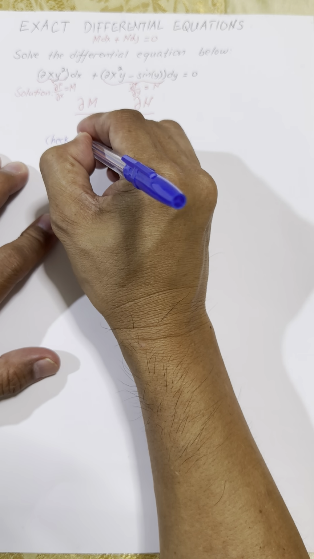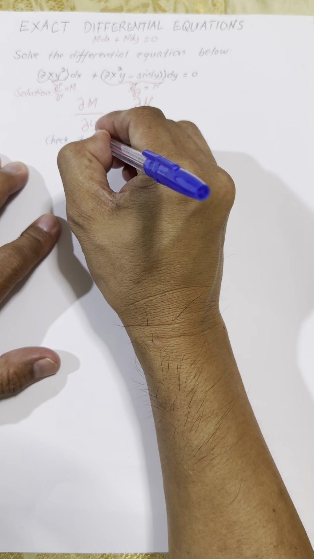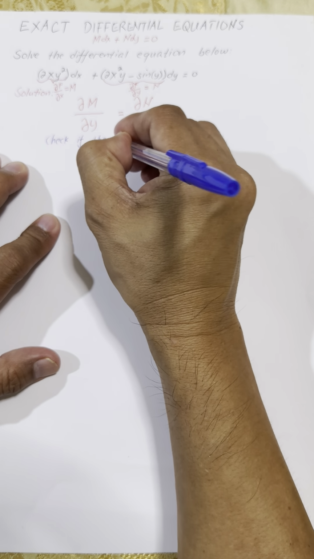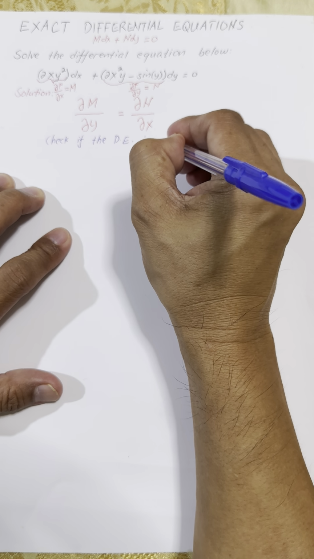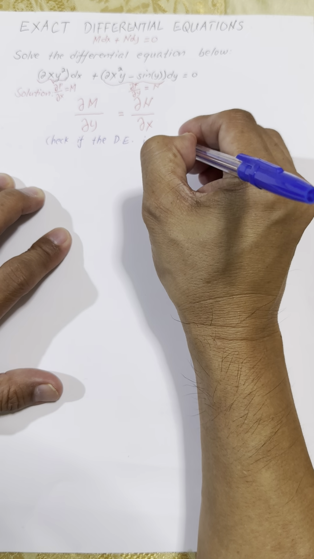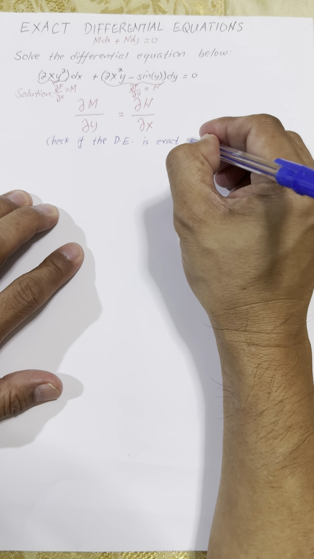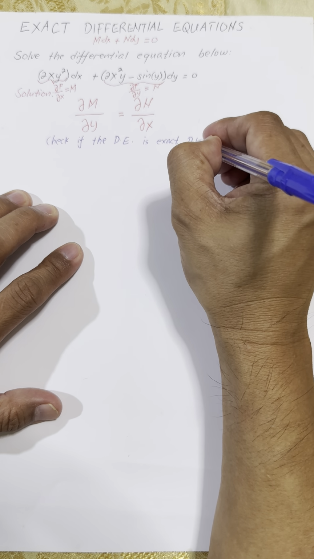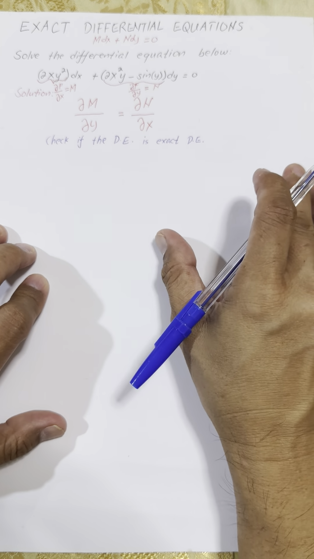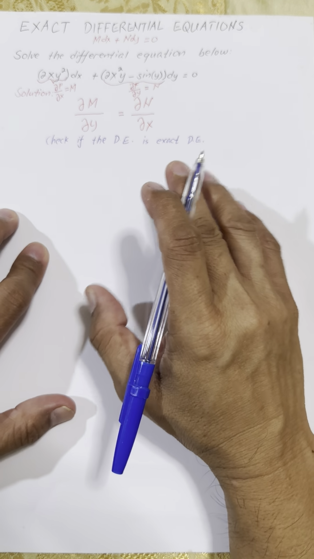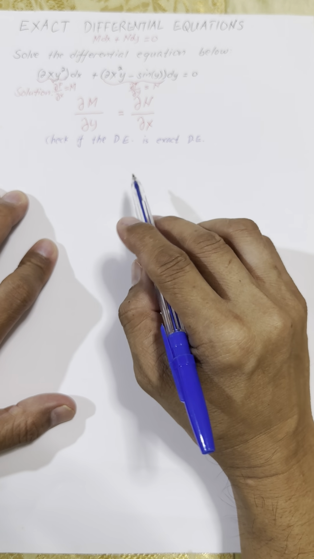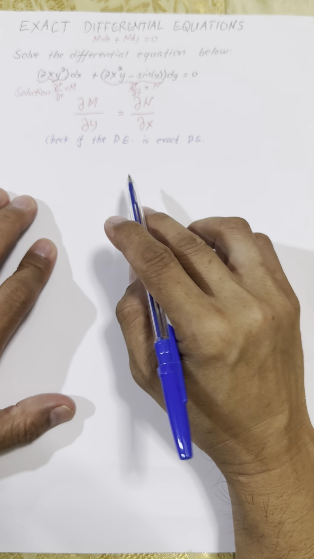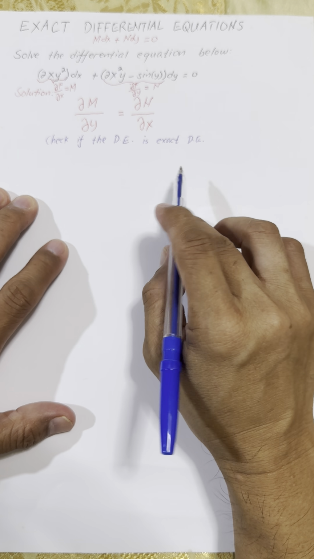Check if the given differential equation is exact. This is assuming that you have already tried the other methods and you failed to find the solution with those methods, then the next one is to determine whether this is an exact differential equation or not.